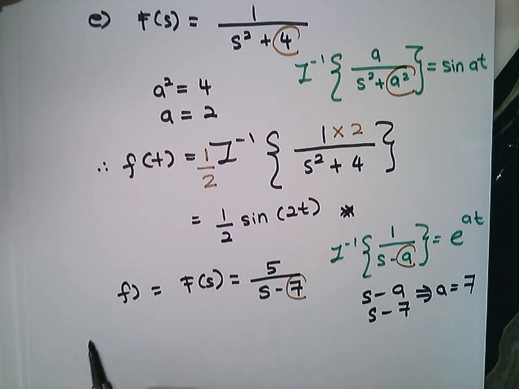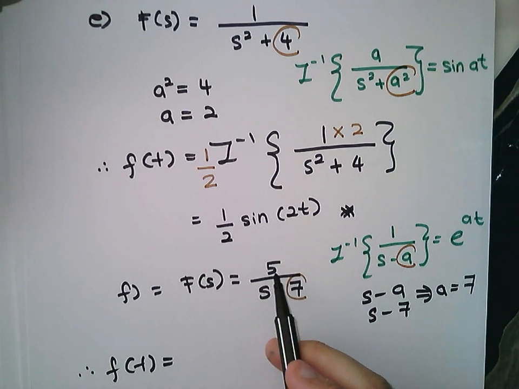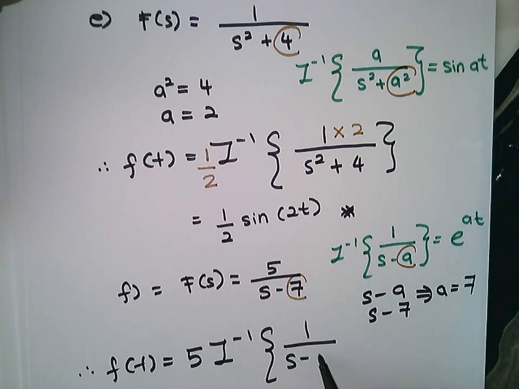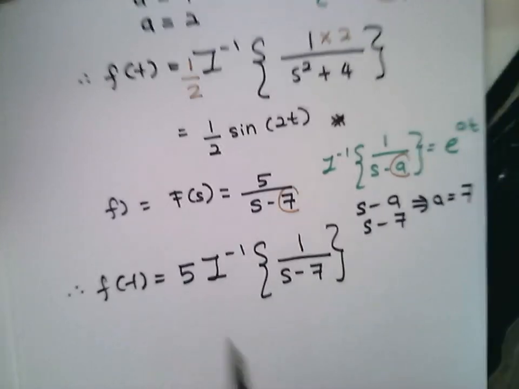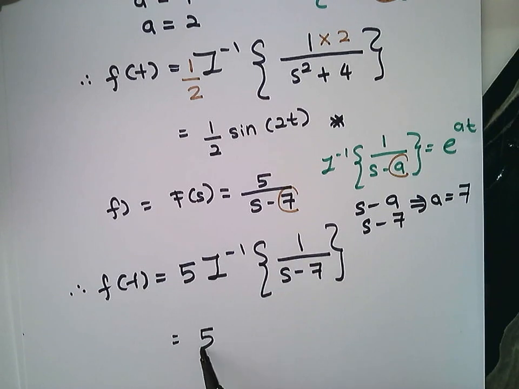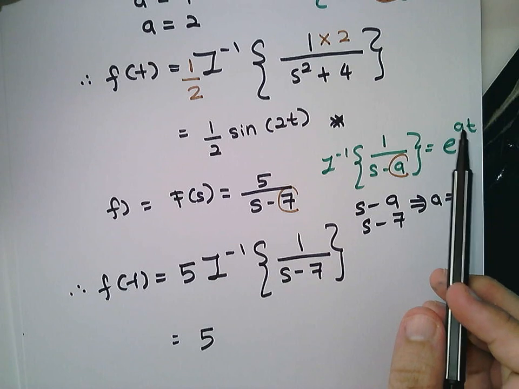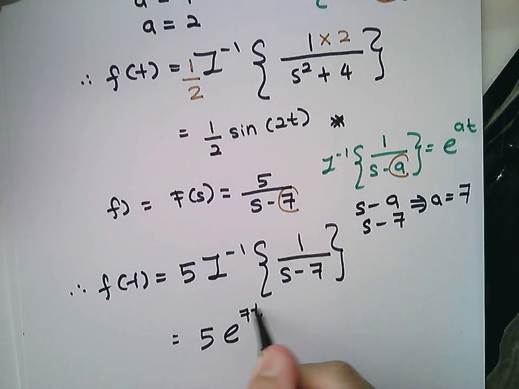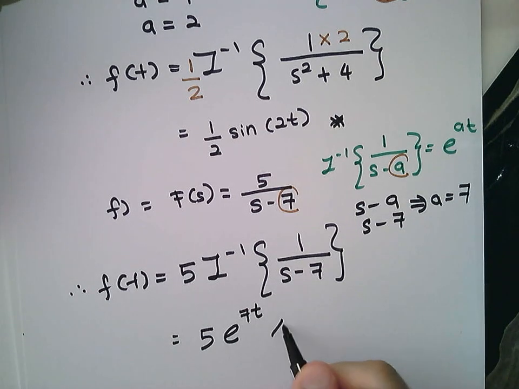Therefore your f(t) is equal to, so 5 is a constant, so factorize. Actually you need to find the inverse of 1 over s minus 7. So this is equal to 5, and 1 over s minus 7 will give you exponent, where a is equal to 7, e to the power of 7t.